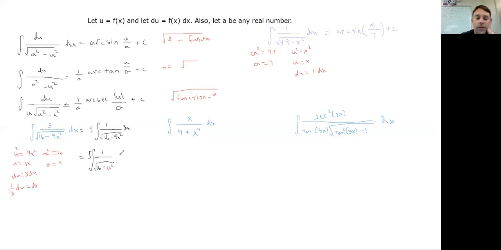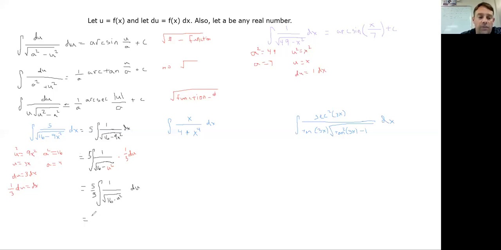In place of dx, I'm going to plug in 1/3 du. And we're going to go ahead and kick the 1/3 out. 1 over the square root of 16 minus u squared du. So there's my arcsine.